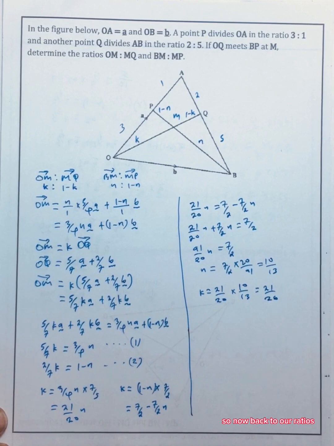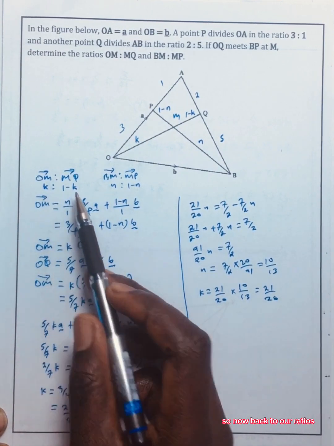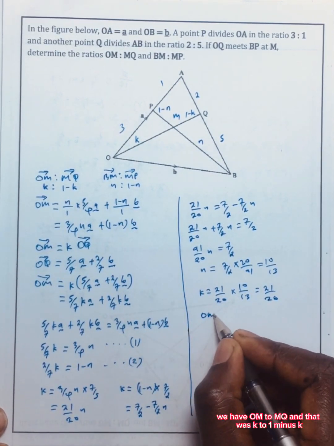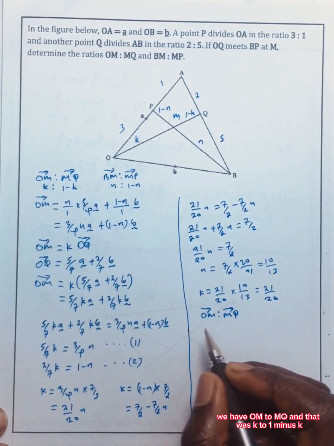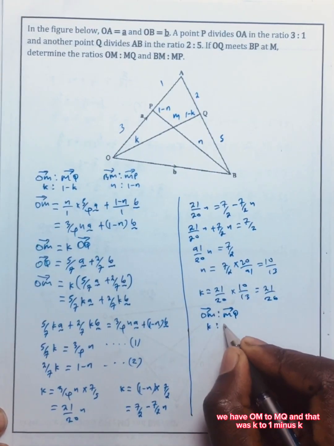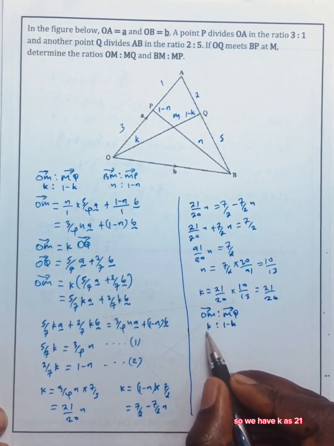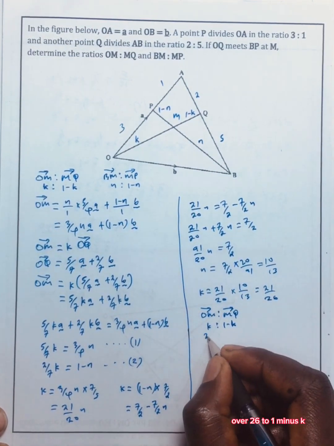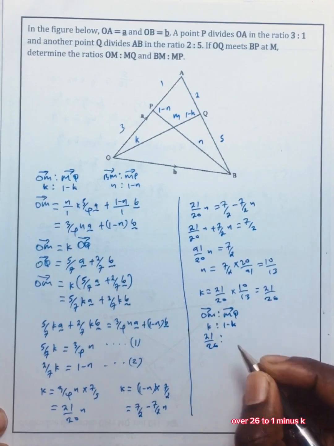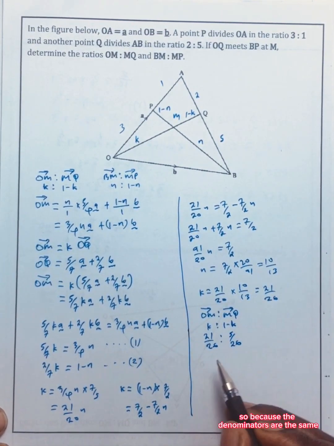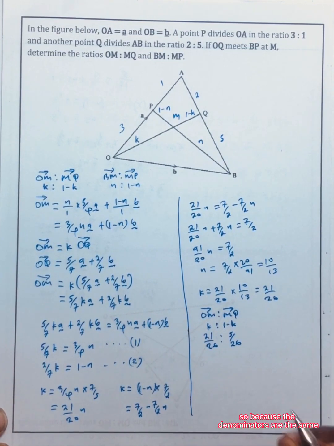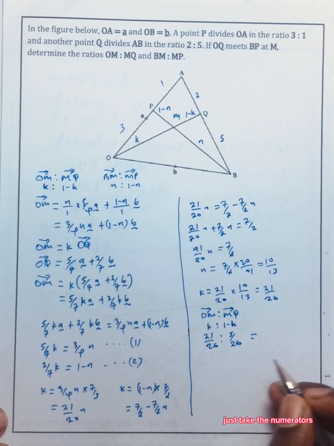So now back to our ratios. We have OM to MQ, and that was K to 1 minus K. So we have K as 21 over 26 to 1 minus K, that will be 5 over 26. Because the denominators are the same, just take the numerators.